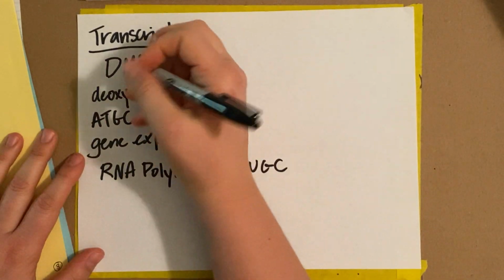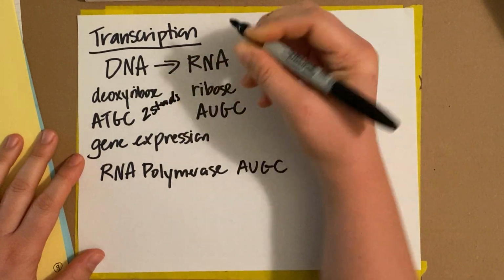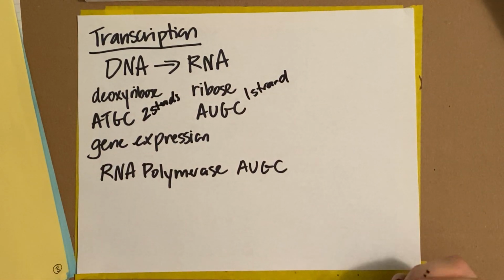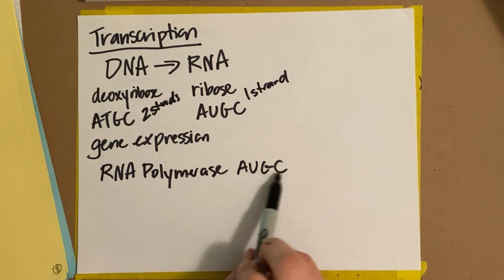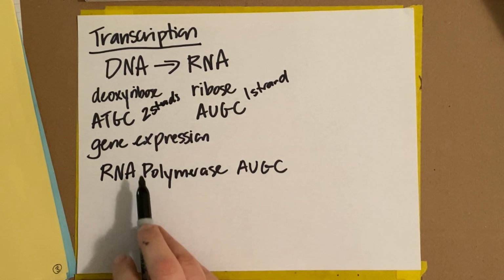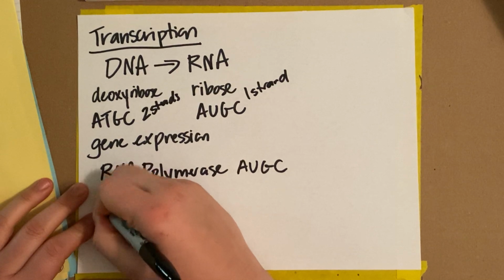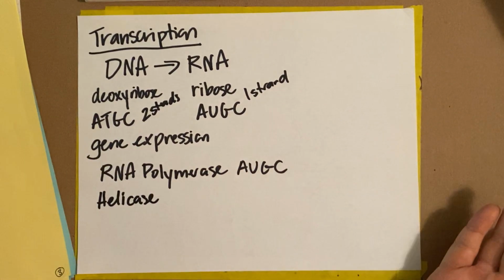That's another thing I need to put over here. So this is 2 strands. RNA is going to be 1 strand, because we only really need 1 copy of the actual gene. So RNA polymerase is going to add on the AUGCs, and this is only used for transcription. And we're also going to use helicase again, because we need to separate the DNA strands so we can go in there and actually read the DNA.